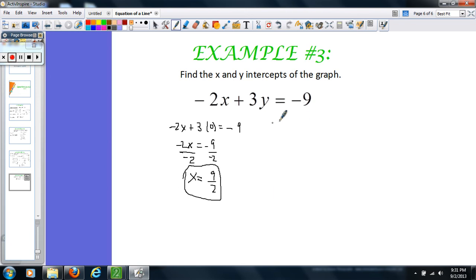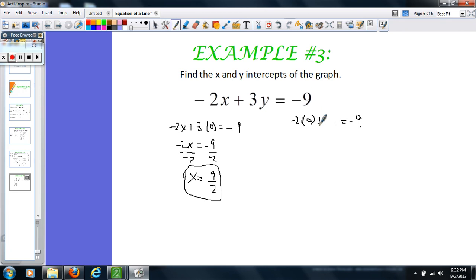My y-intercept is going to be exactly the opposite. For the y-intercept, x is going to be 0. So I'll plug 0 in for x, and then I'm going to solve for y. Let's see if I can rewrite that a little bit neater here.